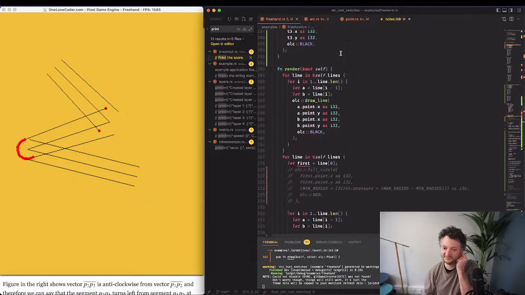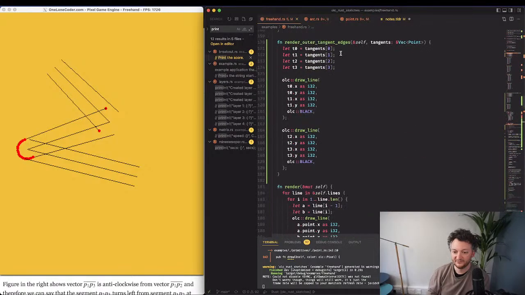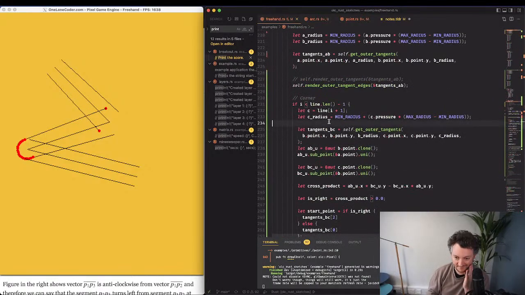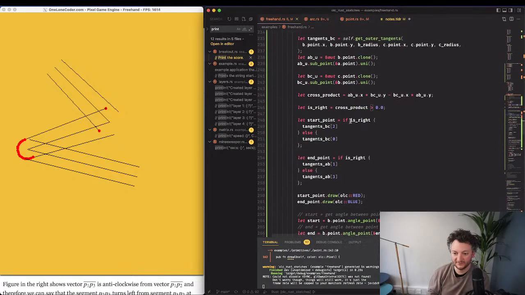Right, so this one's wrong, unfortunately. Let's figure out why. This is a right-hand turn. This is a left-hand turn. So if we are right, then this is wrong.